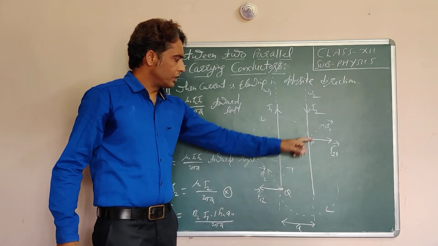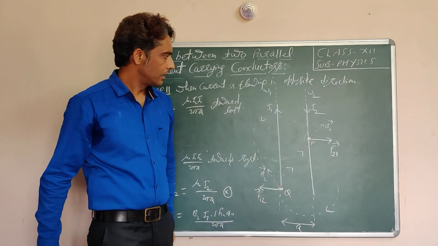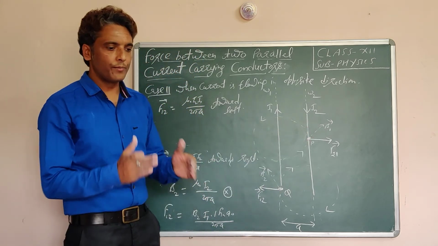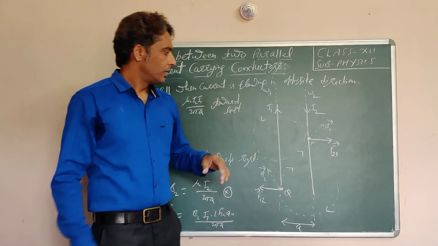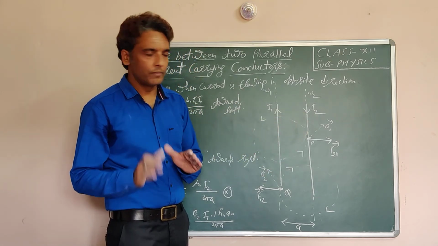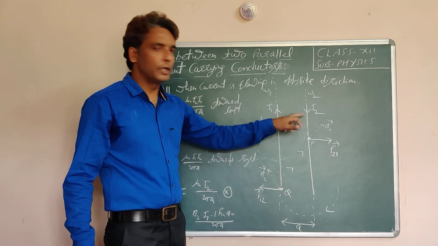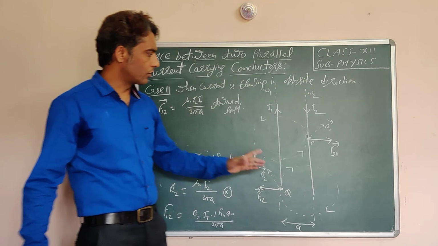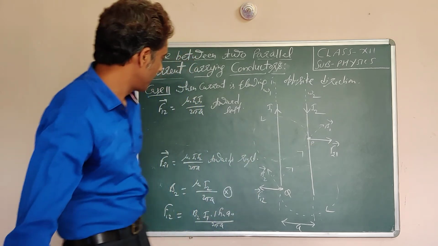So from direction of these two forces, you can see these two conductors will go away from each other, means the force of interaction between these two conductors is repulsive when current flowing through them is in opposite direction, and the magnitude of force per unit length is still same.